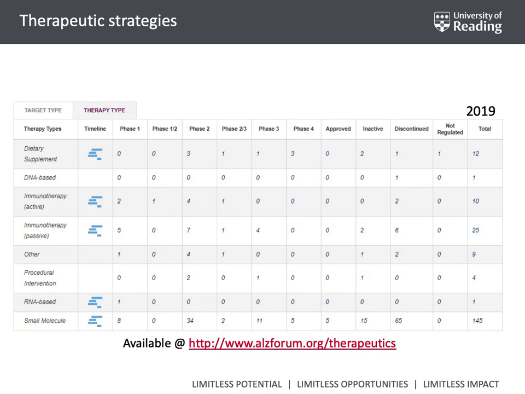There'll be no surprise that the small molecules that you're aware of in terms of your second year lectures, in essence the majority of them are going through clinical trials at the minute. 65 have been discontinued. There's some antibody-based therapies and there's some RNA-based or DNA-based therapies as well. So it gives you an idea of the scope of some of the treatments that you may be actually dispensing come your time in pharmacy practice.